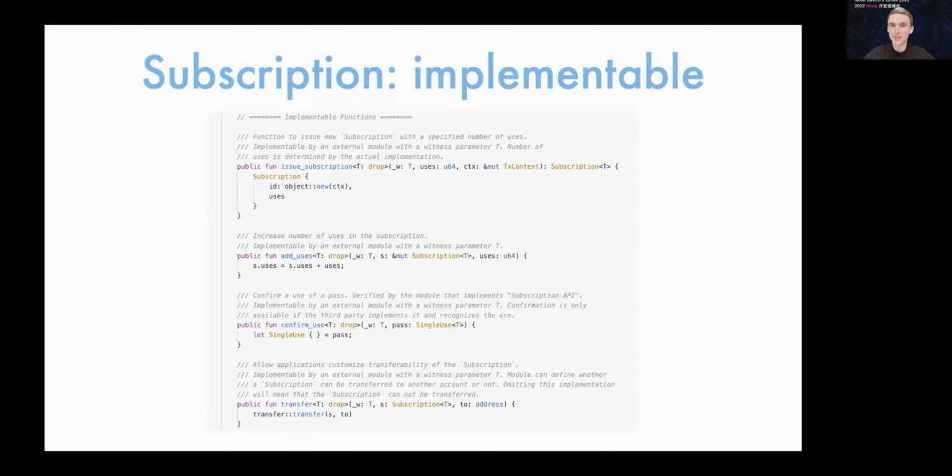The application defines what is a confirmed use. So in this confirmed use function, we can inject it into some function and say that if this function was called and subscription was supplied, then we confirm the use of the subscription, and it's left up to implementers. And lastly, the Sui feature, we can define whether the subscription can be transferred to a different account, because by default, it cannot.